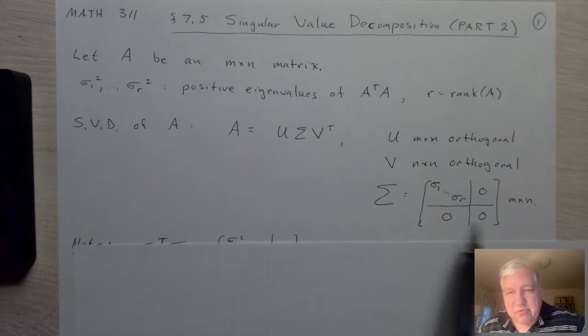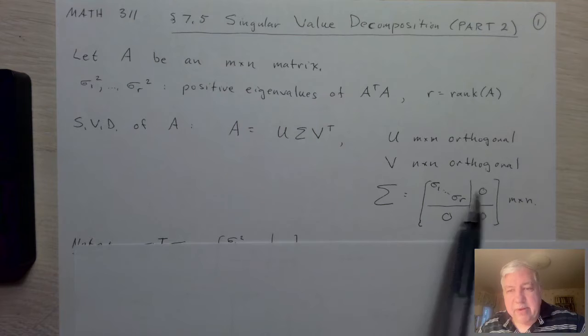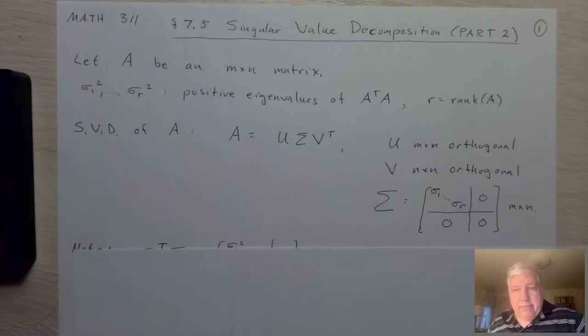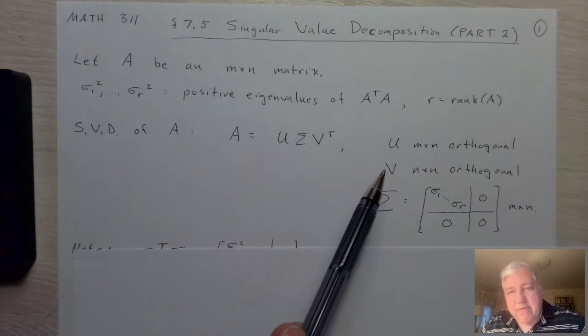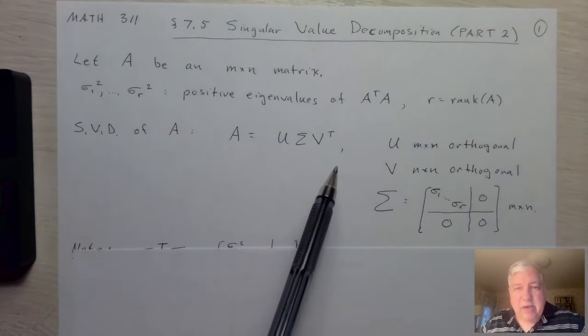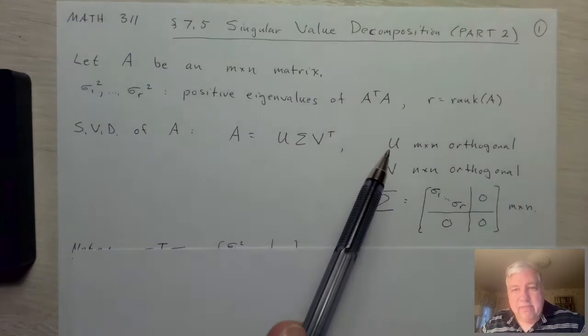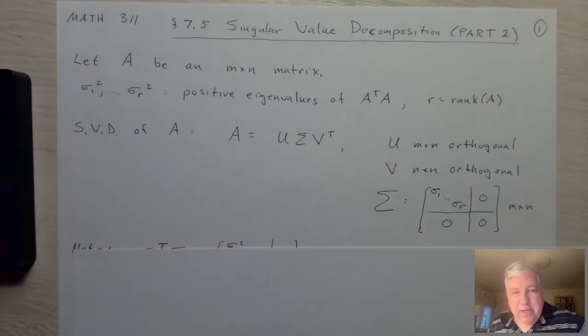However, this is not a square matrix. This is an m by n matrix, so that's why we have these other zeros here. We got V from the eigenvectors of this matrix, and then we calculated the columns of U from them, and that gave us everything we needed.